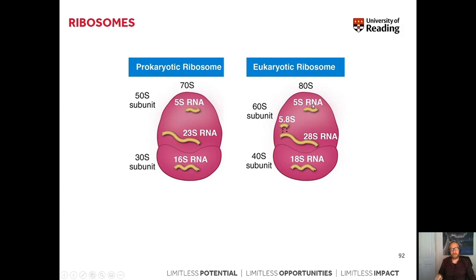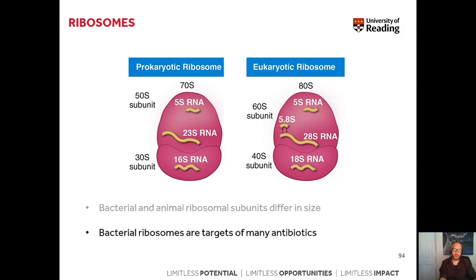In the eukaryotic ribosomes, the large subunit is 60S. In contrast, in bacteria, this is 50S. There are also differences regarding the small subunit, which is 40S in eukaryotes and only 30S in prokaryotes, that means in bacteria. And this is actually quite important. They not only differ in size, but they also differ in structure.